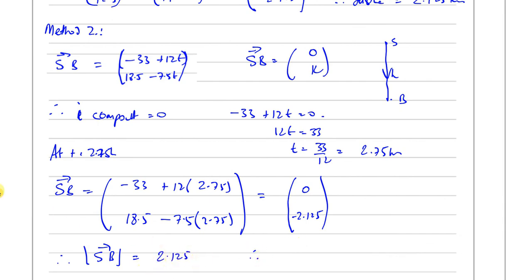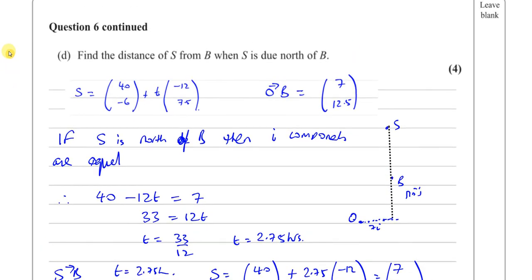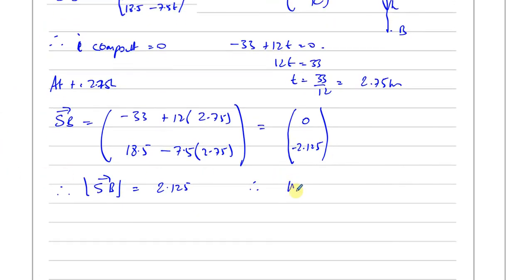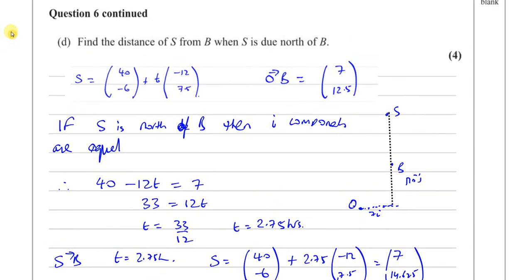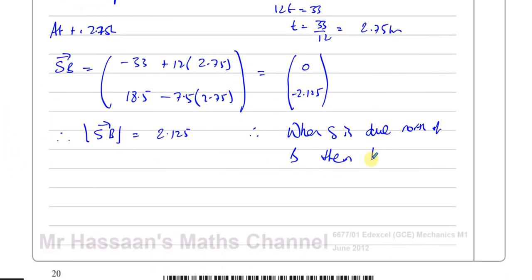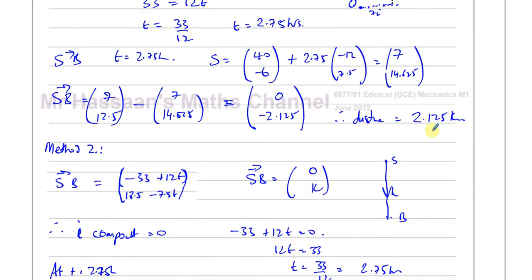So therefore we can say that when S is due north of B, I'll ask you to find the distance of S from B. S from B is 2.125 kilometers.